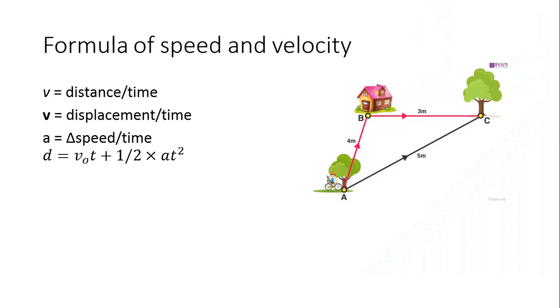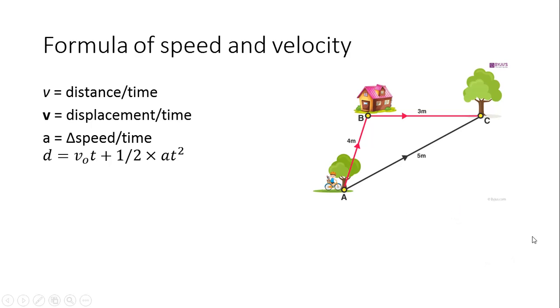First, we need to refresh your memory. What distinguishes speed and velocity? Remember, speed uses distance and velocity uses displacement. And remember, v is the italic v. Speed is the italic v and velocity is the bold v.